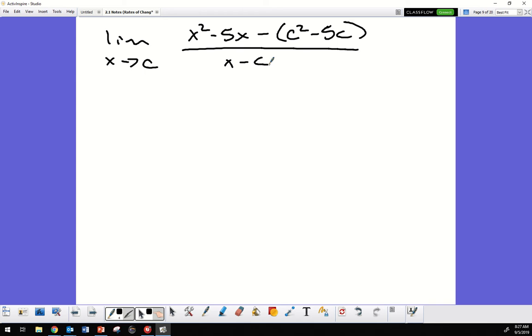Okay, so a little bit of algebra. Let's do some algebra here. So I'm going to come up with x squared minus 5x minus c squared plus 5c over x minus c.